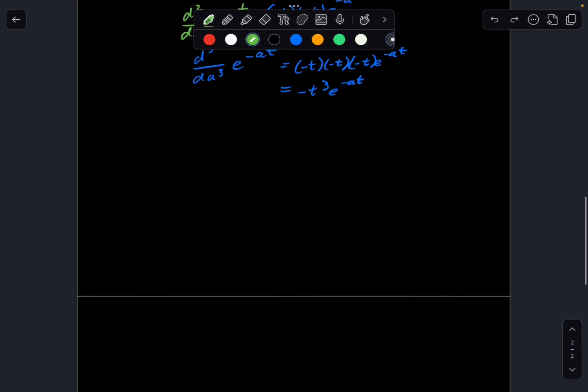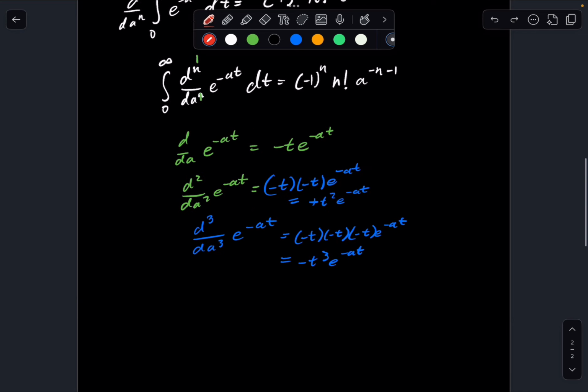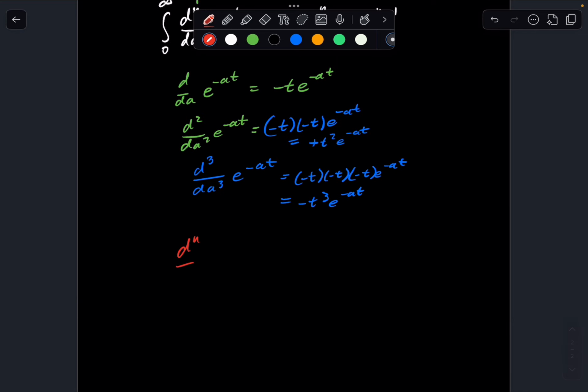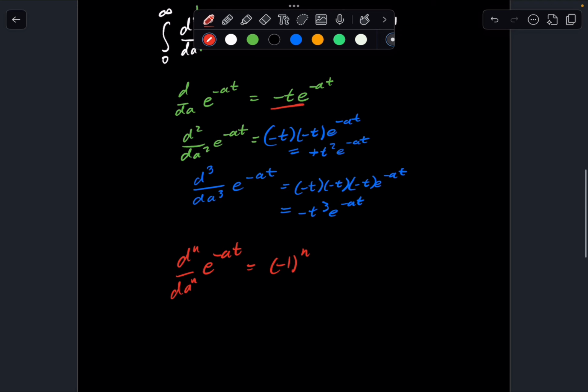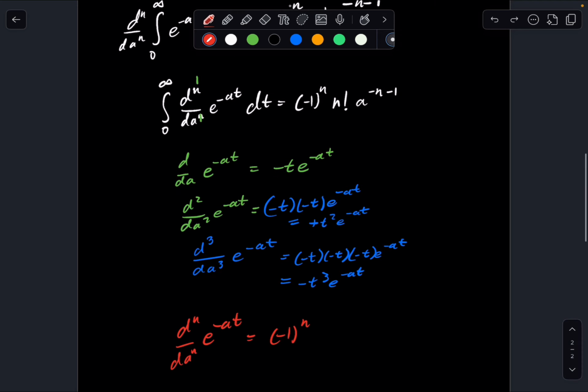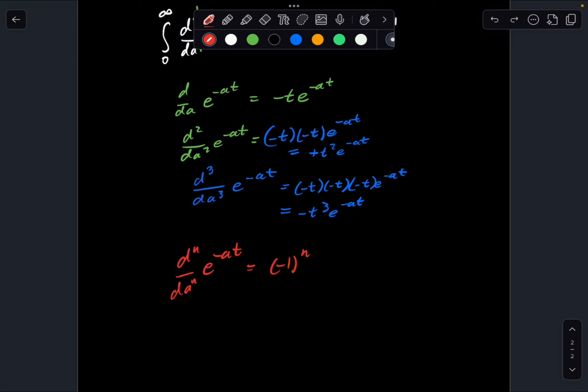We can generalize this further by saying the nth derivative with respect to a of e to the negative at is indeed equal to negative 1 to the n, because this is an alternating negative 1 series, and it starts on the negative. So when n is equal to 1, when you're taking the first derivative, this will be negative. So we have negative 1 to the n once again, times, and what's the pattern here?